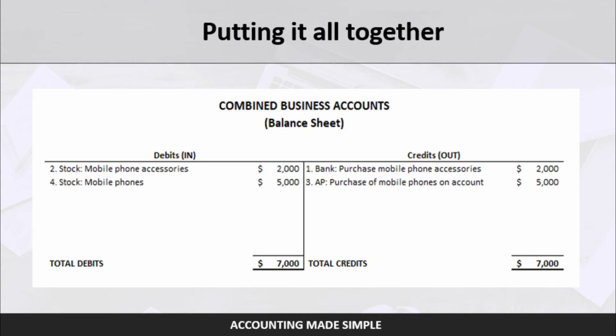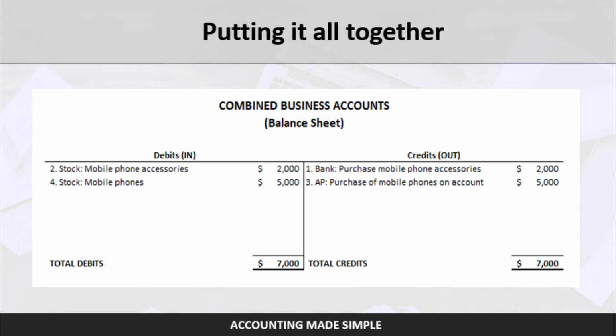Number 1, we have $2,000 going out of our bank account for the mobile phone accessories. So this is recorded on the credit or the outside. Number 2, the mobile phone accessories of $2,000 are coming in to our business.